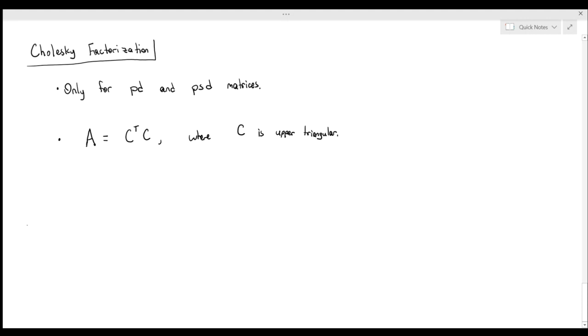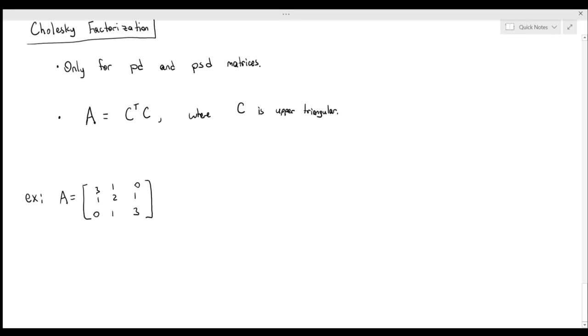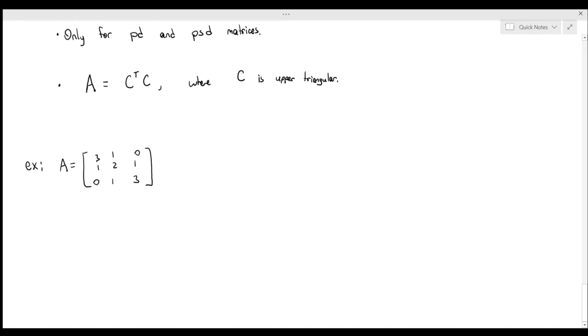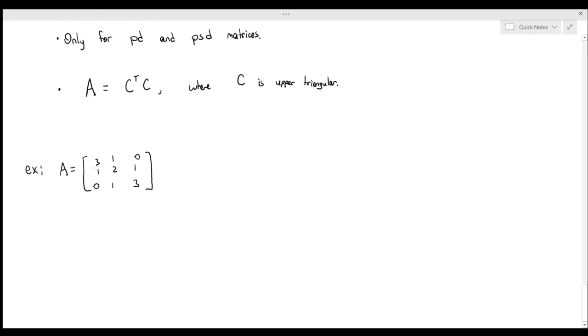All right, and so in order to calculate the Cholesky factorization, I'm going to take this A that we used earlier. Earlier we verified that this matrix is positive definite by checking the determinants of all the upper left submatrices, and we saw that all of them were positive, okay?